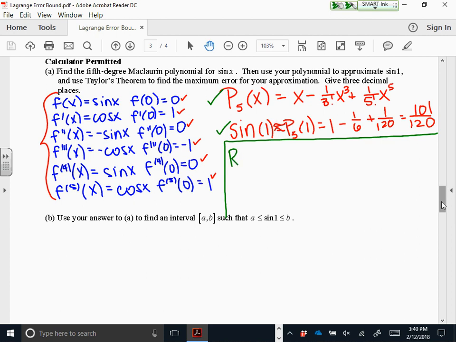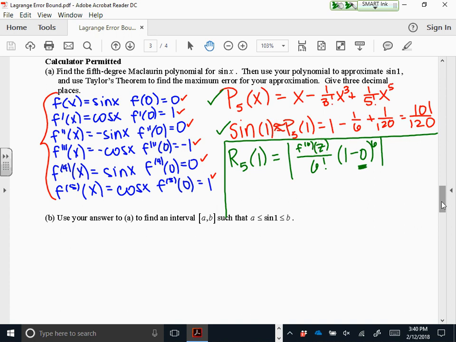Our remainder for the fifth degree polynomial at 1 is going to be, we need to think about how big our sixth derivative could be over 6 factorial times x minus c to the 6th. We're centered at 0, that's why this is 0.